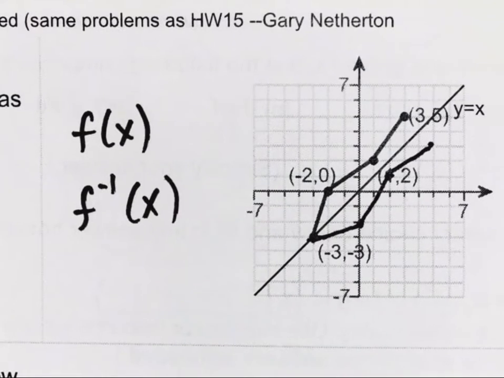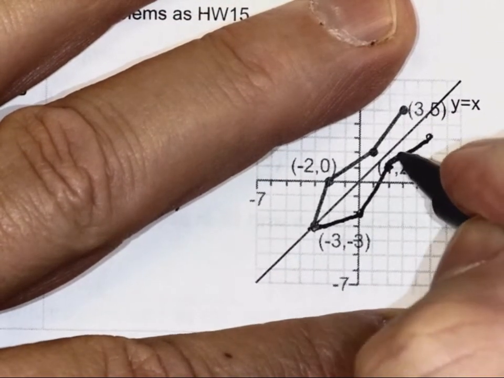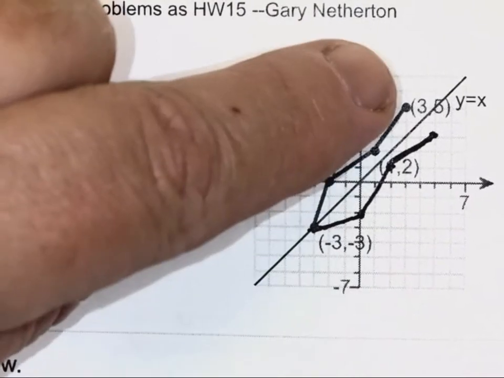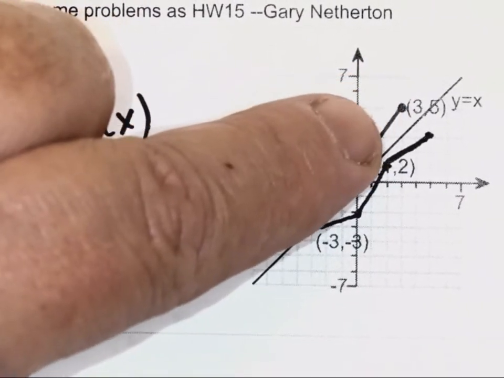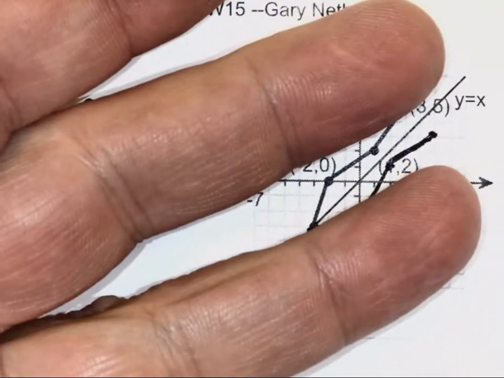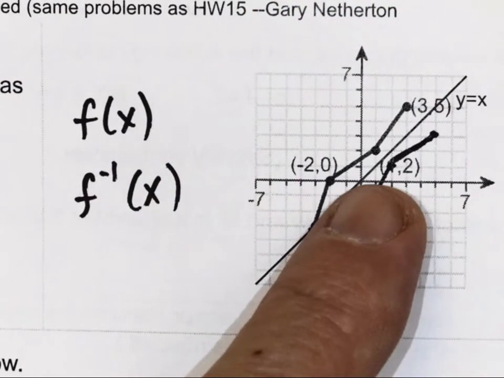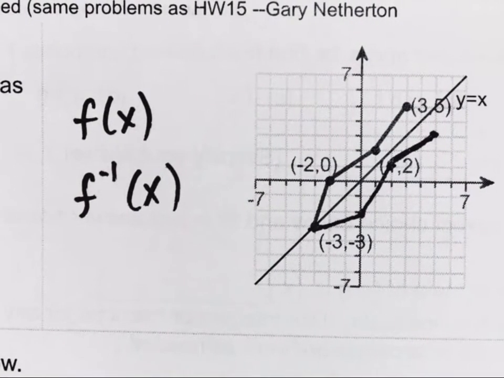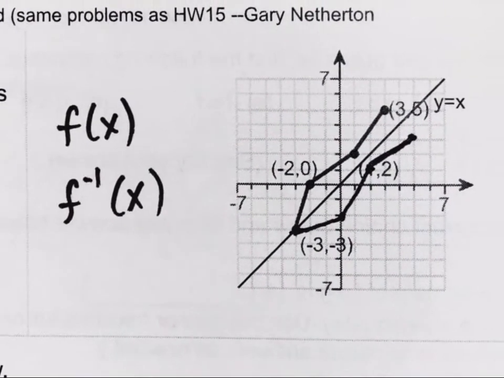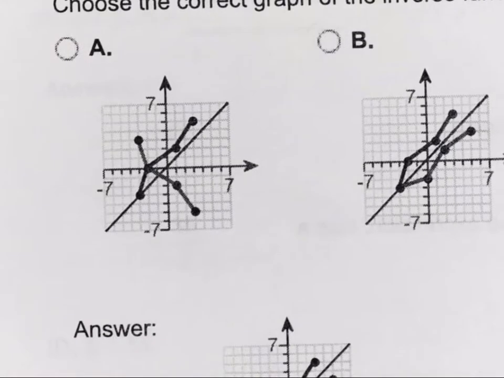Can you see that? Here on the upper left is the original function. If you take that and rotate it around this diagonal line, it ends up looking like this. So then you go to your choices, and we're going to look for a graph like this. It's pretty easy.